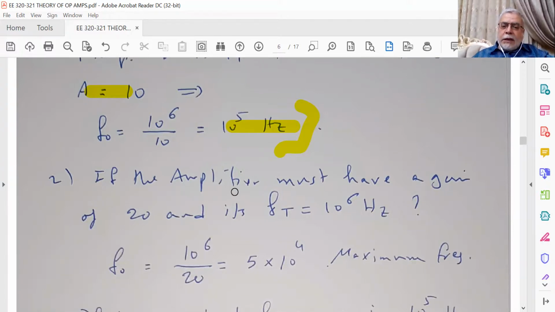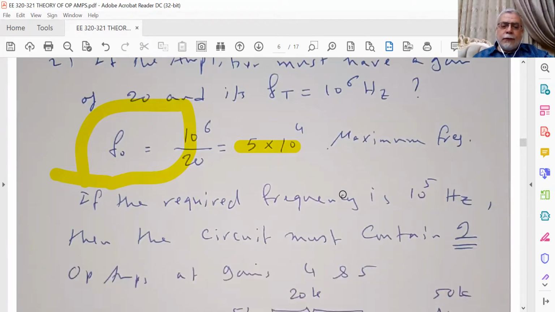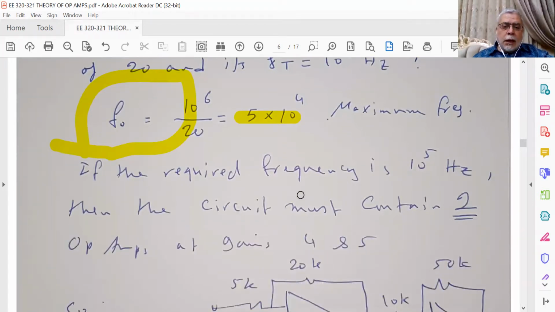Second example, if the amplifier must have a gain of 20 and its ft equals 10 to 6, the maximum frequency that can operate without distortion will be 10 to 6 divided by 20, so 5 times 10 to 4, 50 kilohertz, the maximum frequency for this operational amplifier.